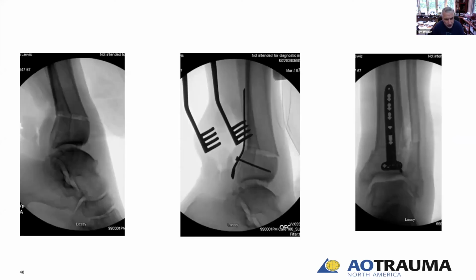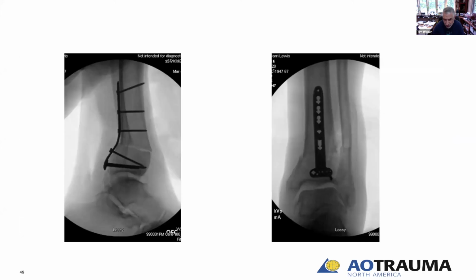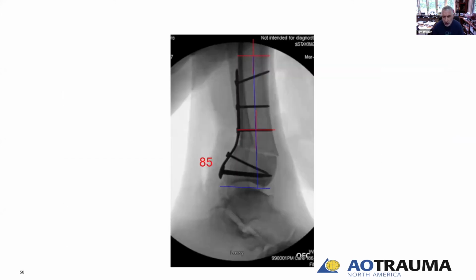We cut the fibula to allow it to float with the distal fragment, preliminary fixation, and then our initial fixation after surgery. This is our correction.